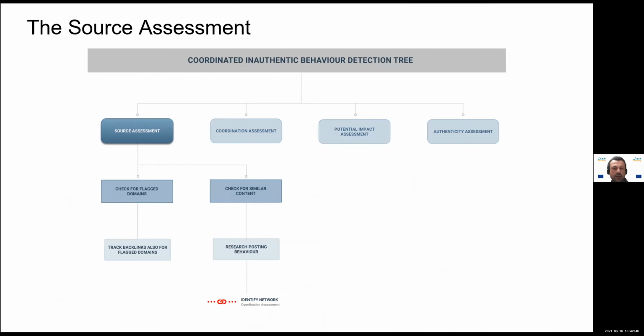In this branch, the most important thing will be to look at flagged domains, and to get hands on a database, possibly the database of known fakes that is currently developed by WeVerify, and to check if a content is already flagged in a database of known fakes or in a CIB database, because most of the CIB networks don't care if a content has already been debunked or not.